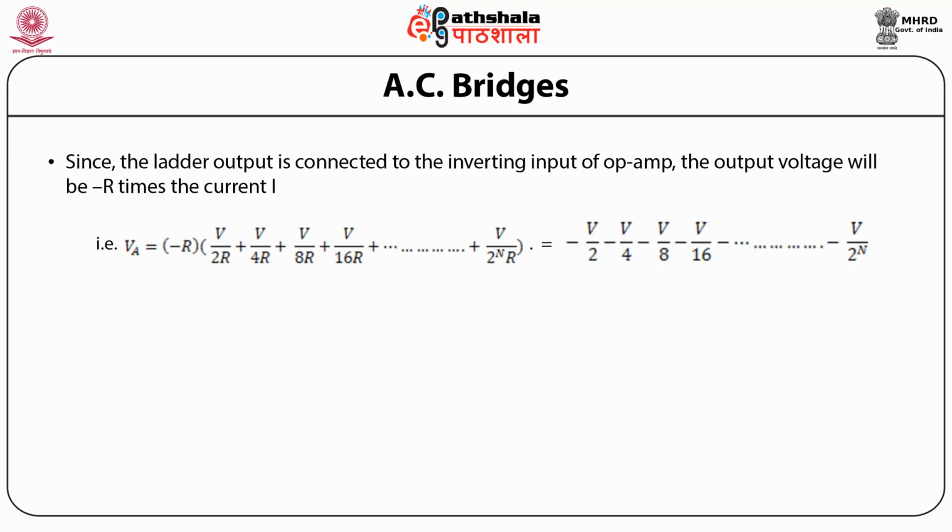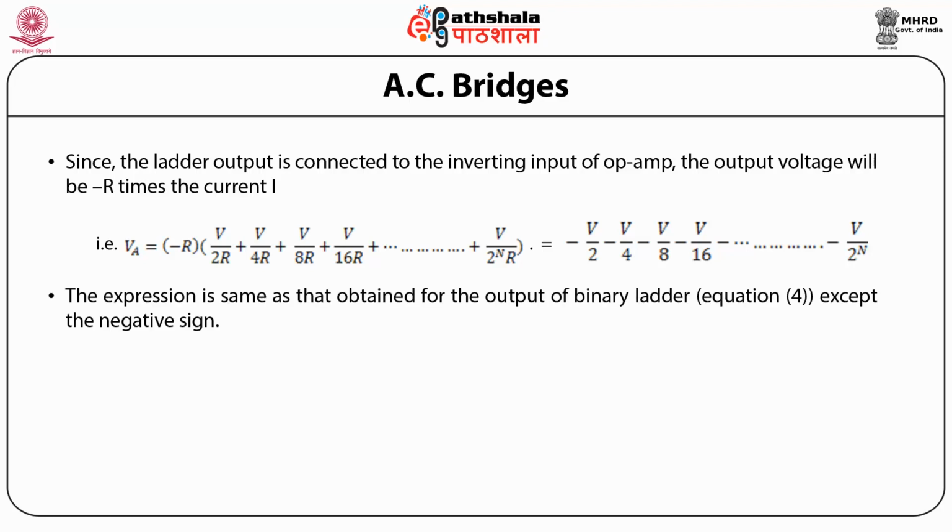This can be simplified to obtain VA equal to minus V by 2 minus V by 4 minus V by 8 minus V by 16, till the last term being minus V by 2 raised to power N, where N is the number of bits. This expression is the same as that obtained from the output of the binary ladder, which was discussed in the previous module, except for the negative sign.